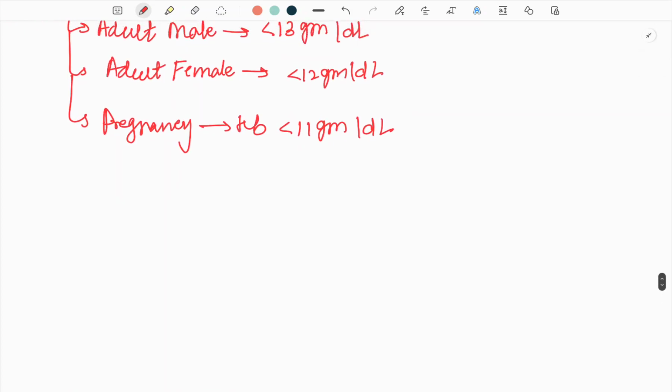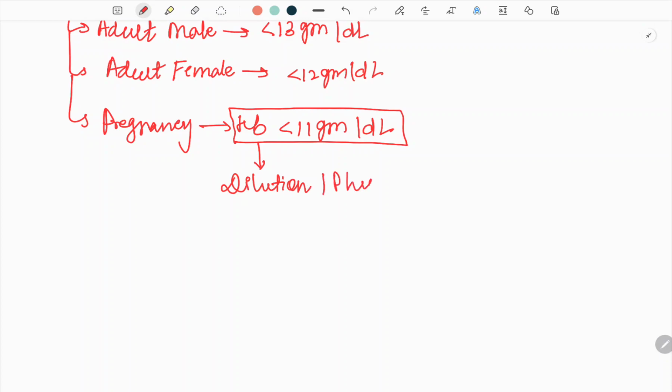Now, why is this value so less in pregnancy? The cutoff in pregnancy is so less because in pregnancy we have something known as dilutional or physiological anemia due to hemodilution.